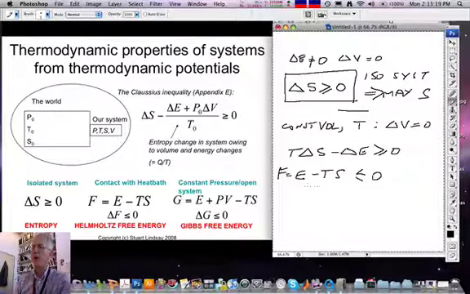So for a system at constant temperature, we minimize the Helmholtz free energy.